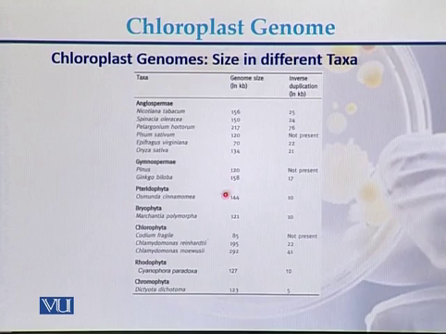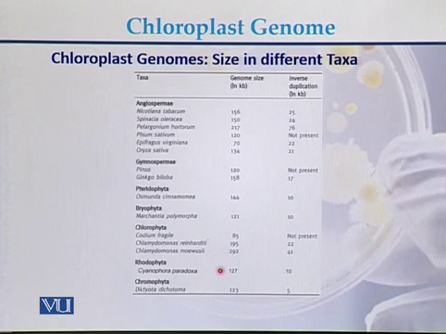The size of the chloroplast genome in the case of Pteridophyta, in the case of Bryophyta, in the case of Chlorophyta: some species have 85 kb and there are some species that have up to 292 kb.